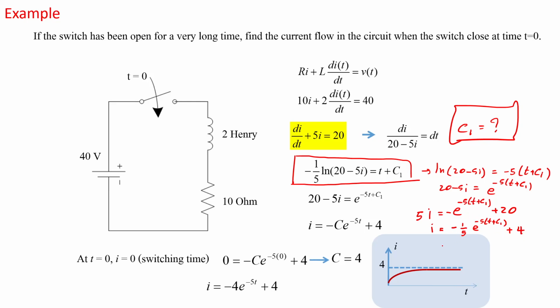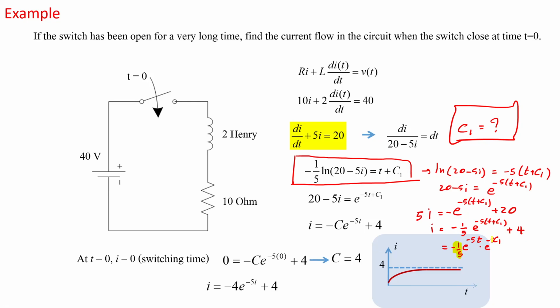So we rearrange this term. So it's into e power minus 5t, and this is e minus 5 c1, right? And it's minus 1 by 5. So this is constant, right?